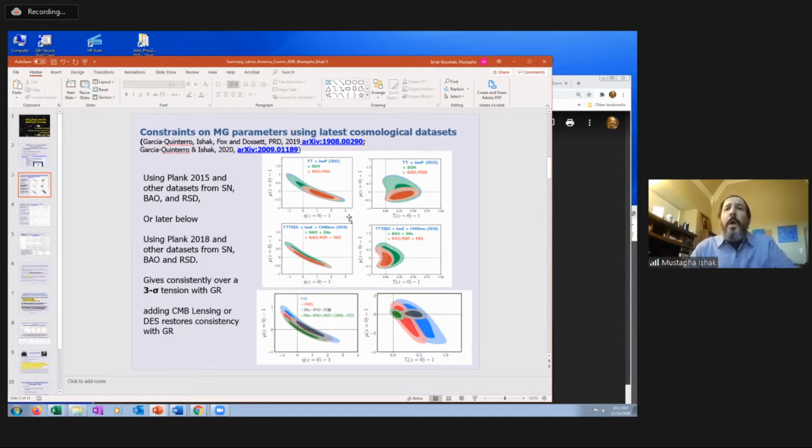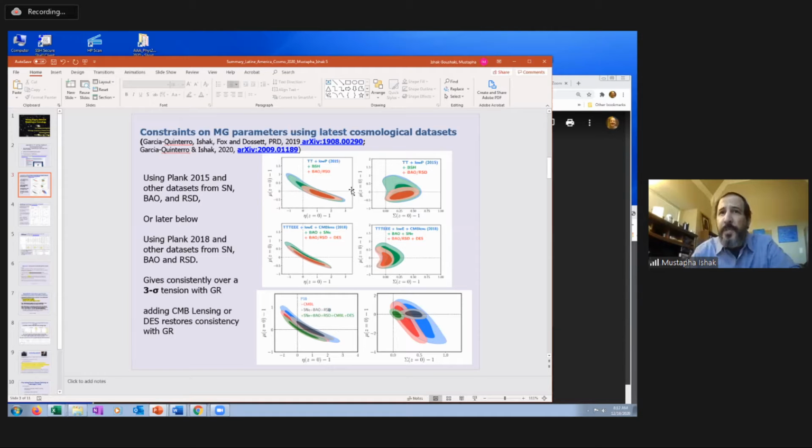In this short summary, I would like to present the main results. The first one is that with my student, Christian Garcia, we found that for the last 5 years, when we use only Planck, or Planck also supported by other data sets like BAO and RSD, we see consistently that these 2 lines here, which are the consistency with GR, are always about 3 sigma or more in tension with the data.